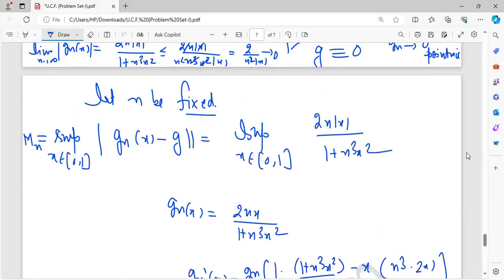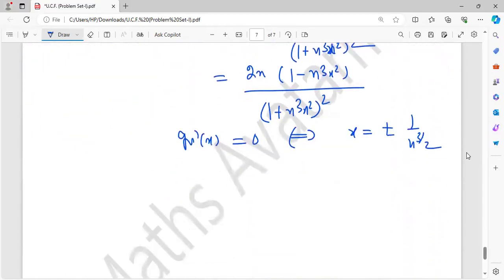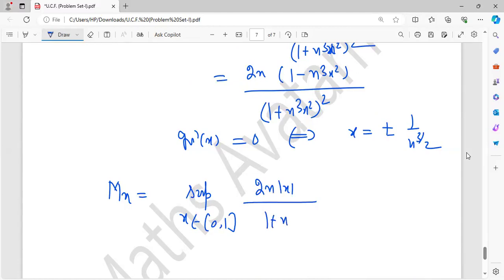So now, what is Mn? Mn is the supremum of 2nx upon 1 plus n cube x square. Put these values. So what will the supremum be? Put this value, it will be 2 upon, we put this under root n, and in the denominator it will be 2.